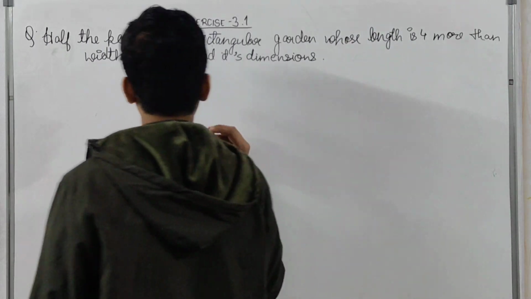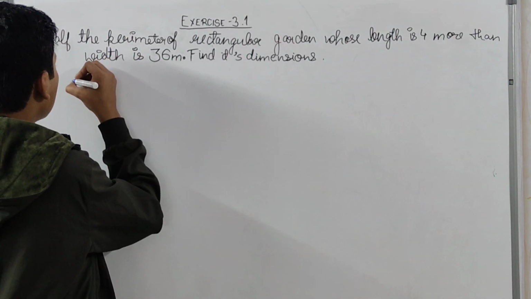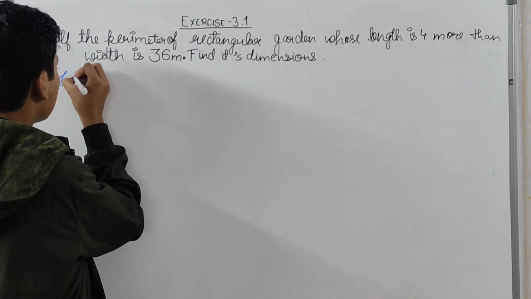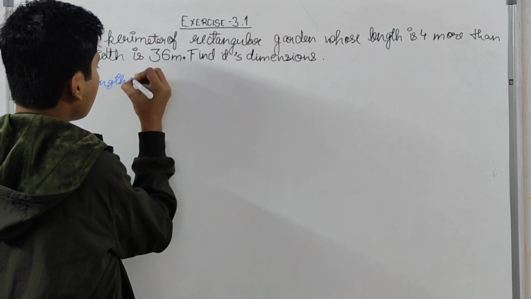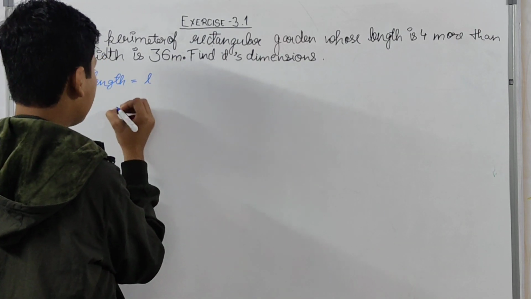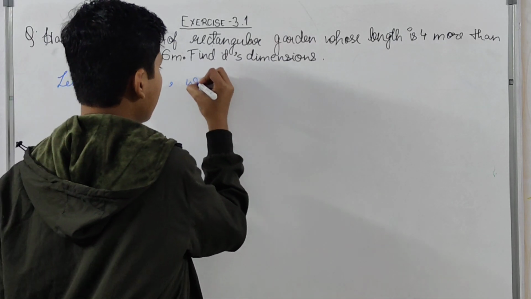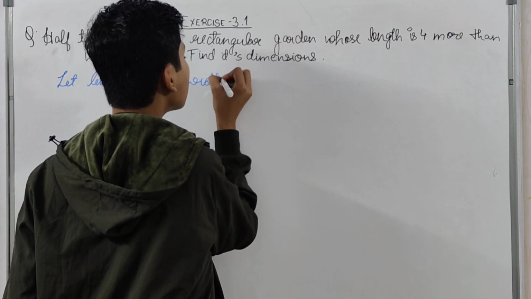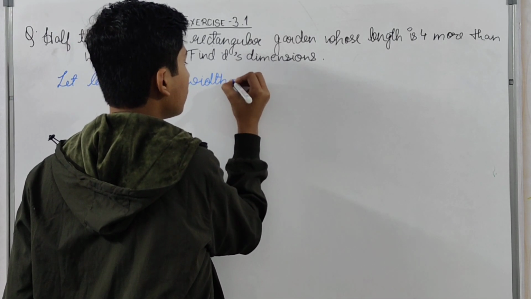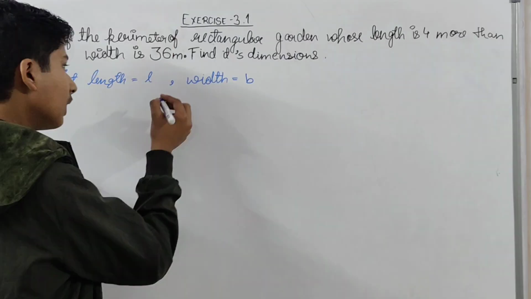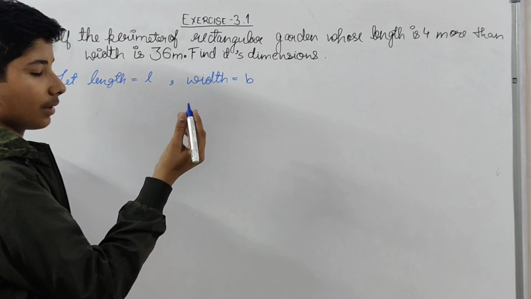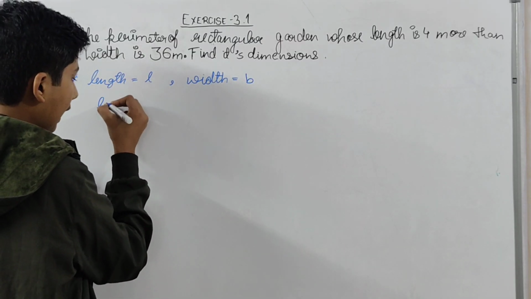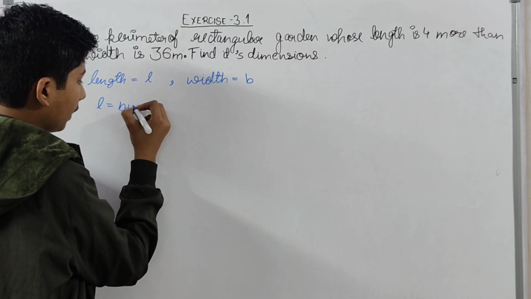So what do we have to find out? Let length be L, width be B. It has been given to us that length is 4 more than width. So L equals B plus 4.